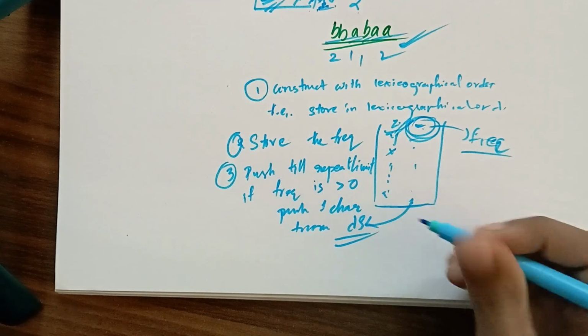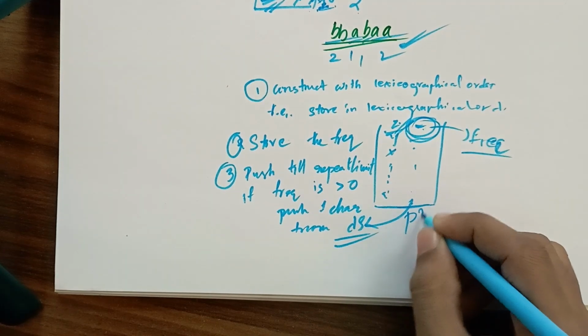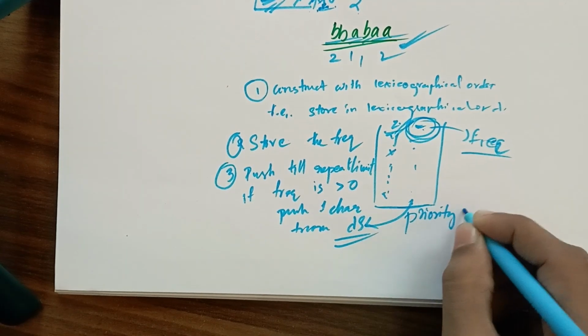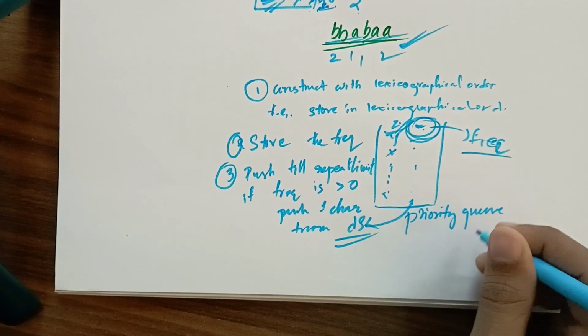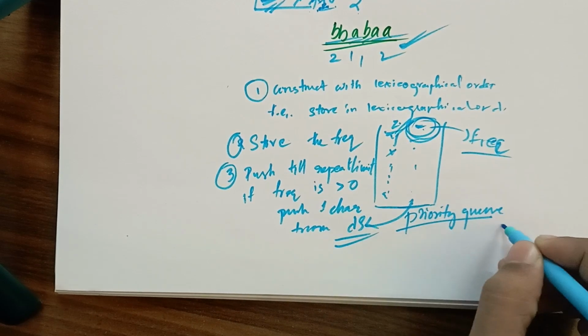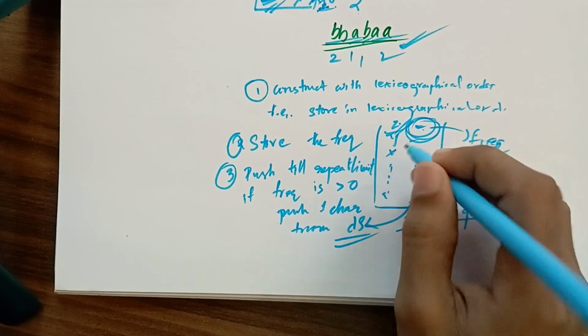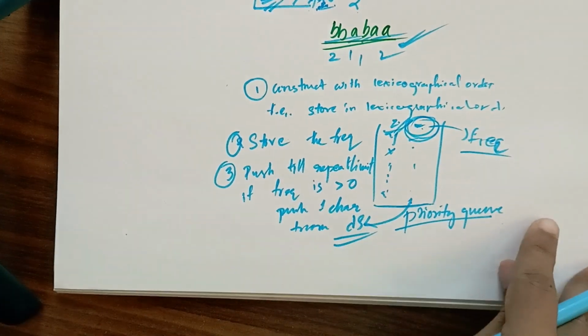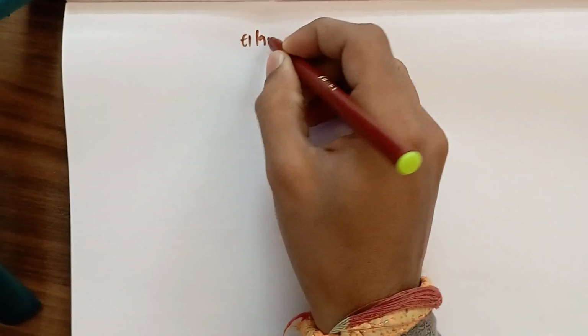So in these cases we'll be using a priority queue. By storing the characters and their frequency in the priority queue, we will approach this problem. Now what will be the algorithm?